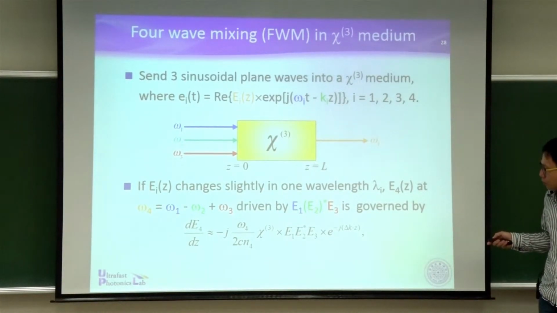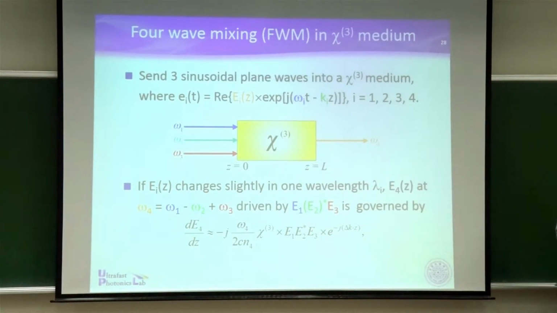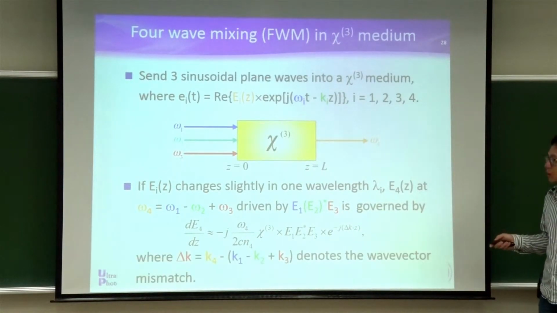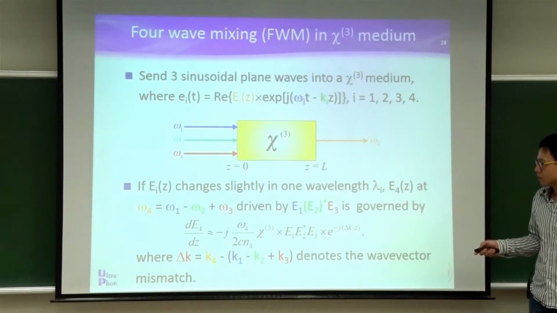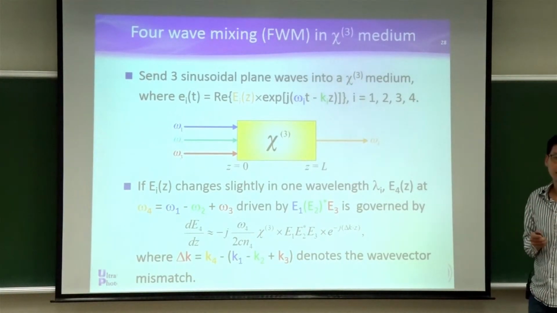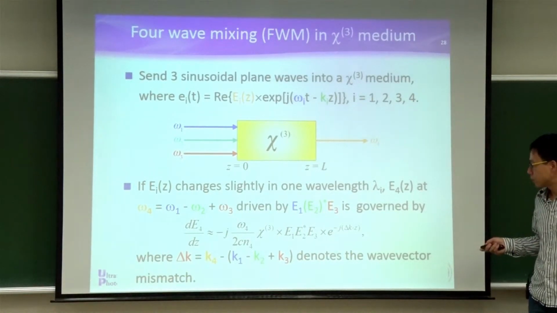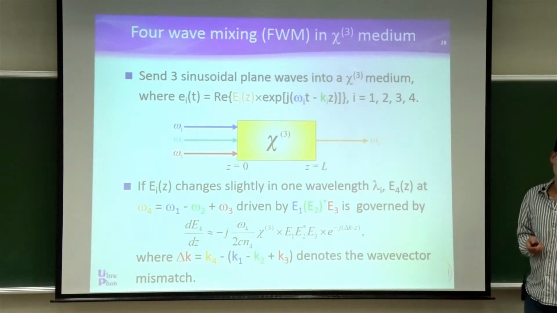But we still need to multiply by an extra term, e to the minus j times delta k times z, where delta k is equal to k4 minus k1 plus k2 minus k3, the difference between wave numbers. So it denotes the wave vector mismatch, basically.